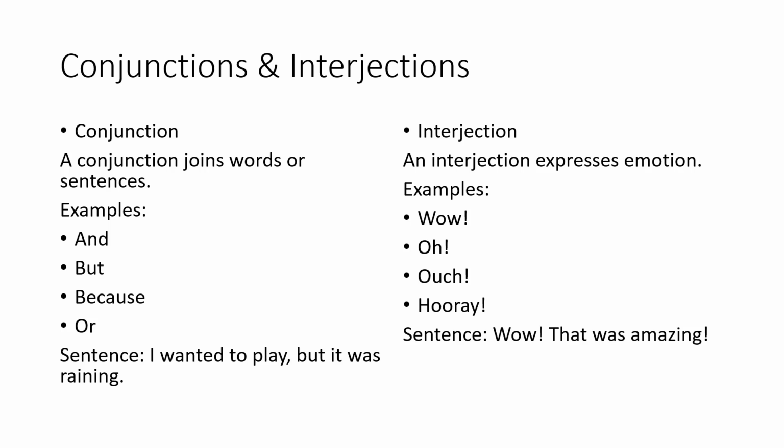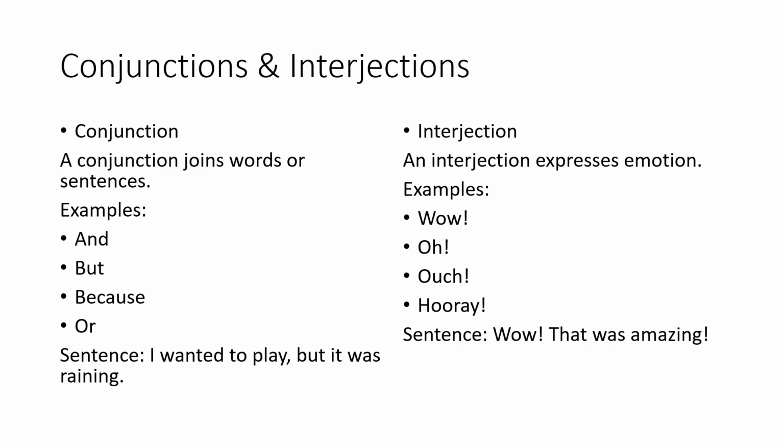Conjunction and interjection. A conjunction is joining two words together for different reasons, for something that is similar, or comparable, to describe cause and effect, or to choose between either choices.